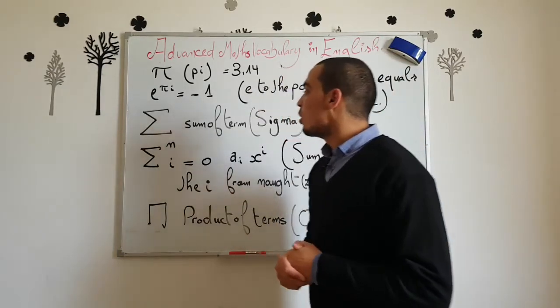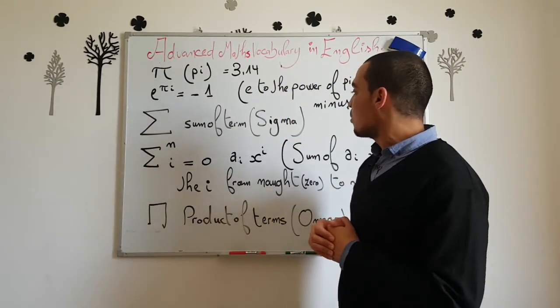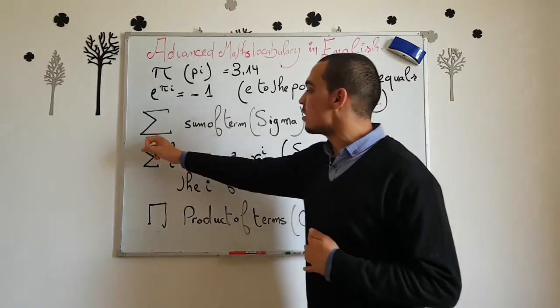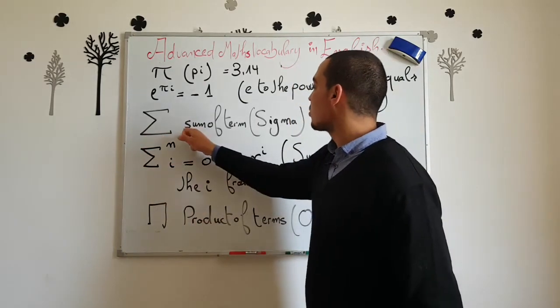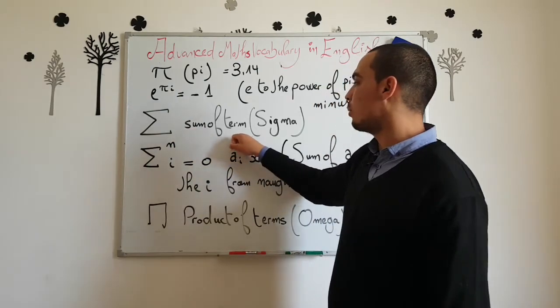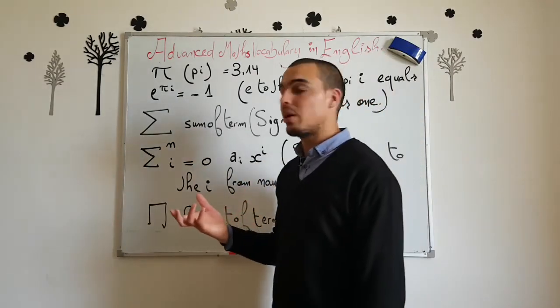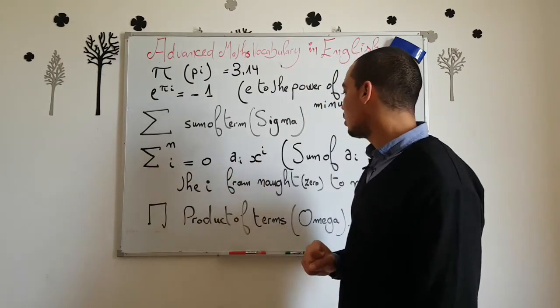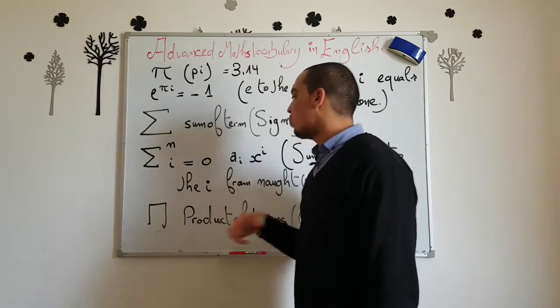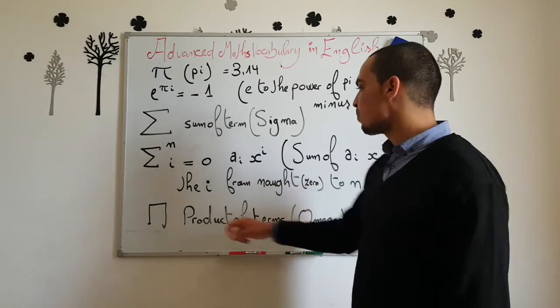The next symbol that we have is the symbol of sigma, or the sum of terms. Of course, we'll try to put it in context in this equation, and we will read it as follows.